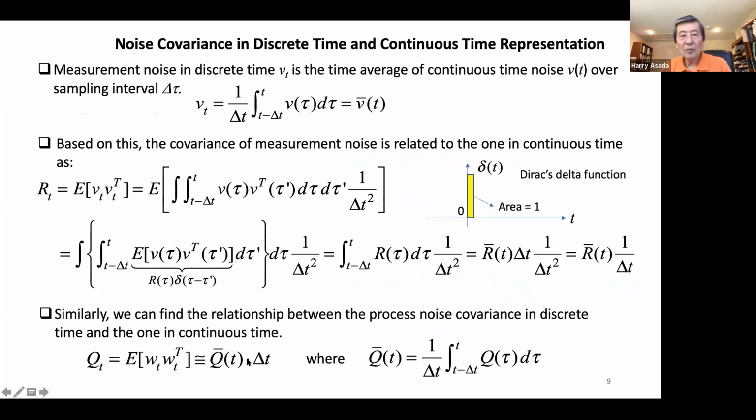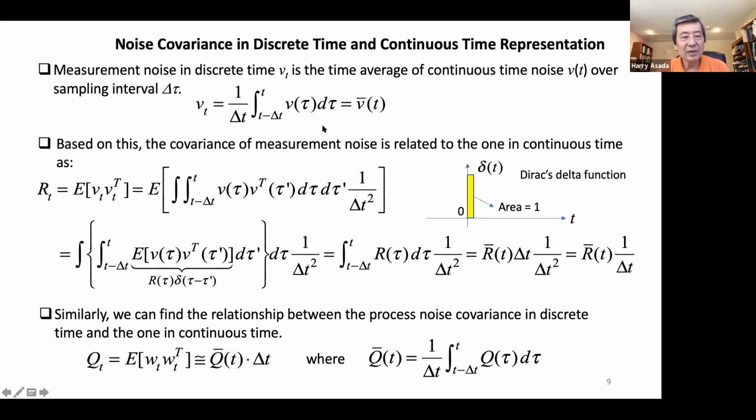Now, the question is how that difference influences the noise covariance. In the case of V_t, the measurement noise, continuous time and discrete time are related in this way.